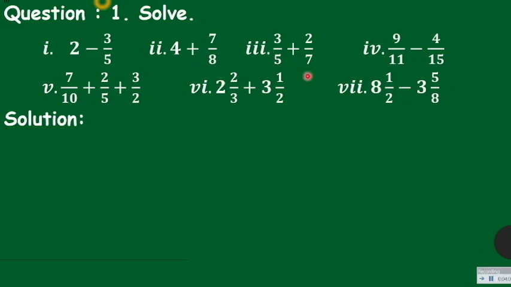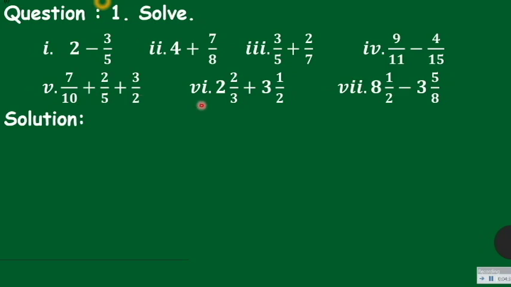Similarly, look at the third part and fourth part. They both are fractions. But the difference is, here we need to do addition and here we need to do subtraction. The fifth part is similar to the third one and fourth one, but the difference is, here we have 2 terms and here we have 3 terms, which are 7 upon 10, 2 upon 5 and 3 upon 2.